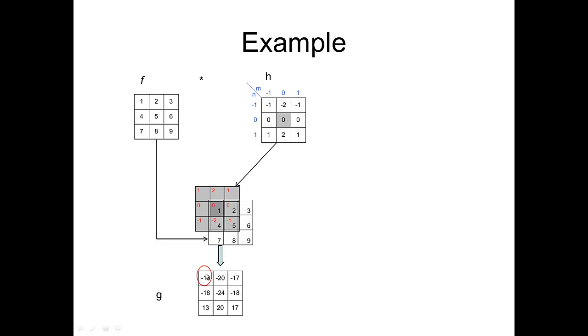In order to do that, you first need to reverse the matrix, okay? Put the bottom to top, right to left. So here it will be 1, 2, 1, 0, 0, 0, 2, negative 1, negative 2, negative 1. Why do we need to do this processing?